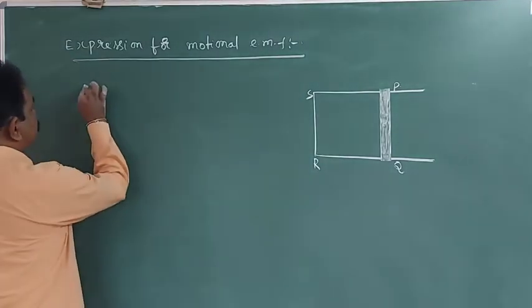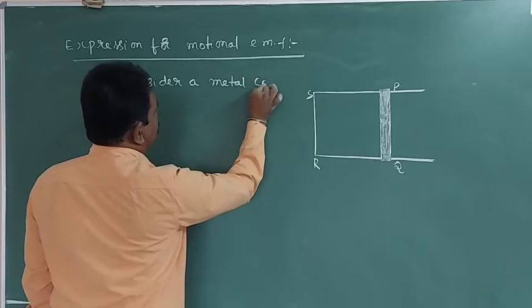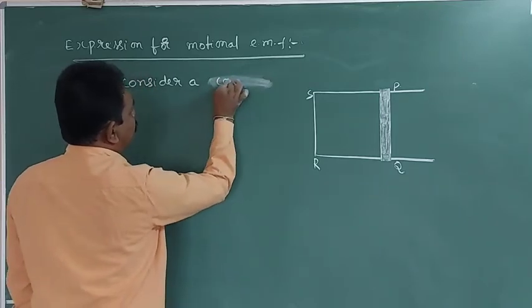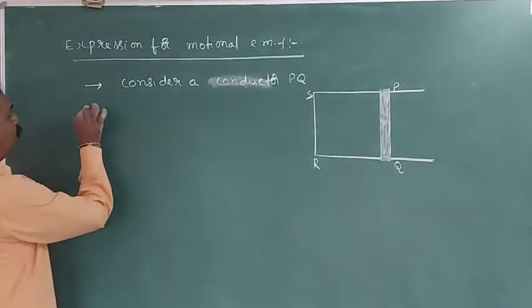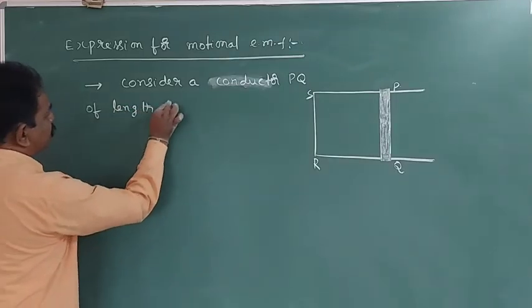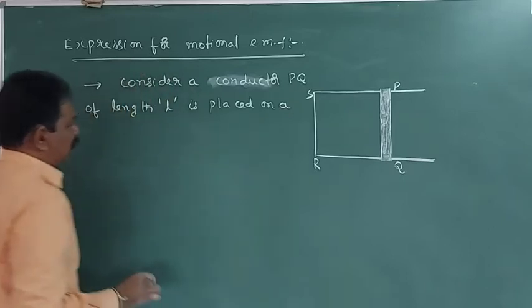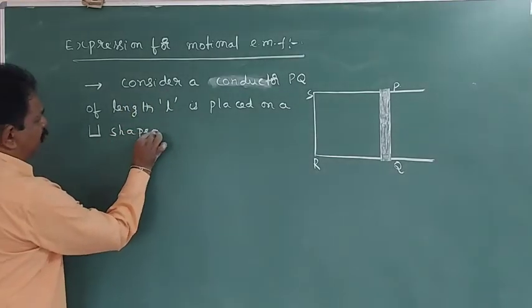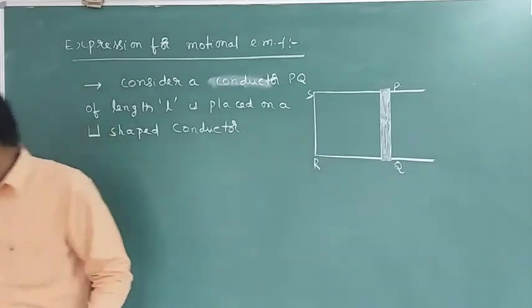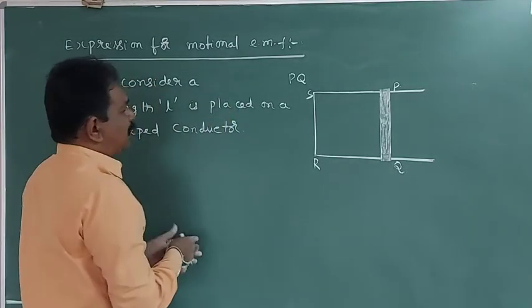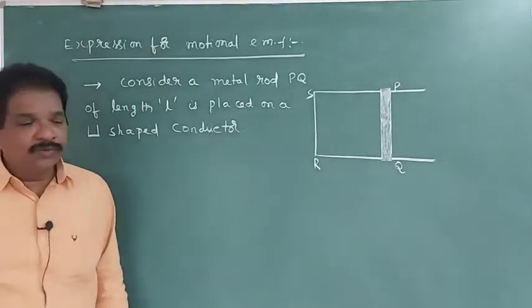So what I am taking is: consider a metal rod, a metal conductor PQ of length L, placed on a U-shaped conductor.